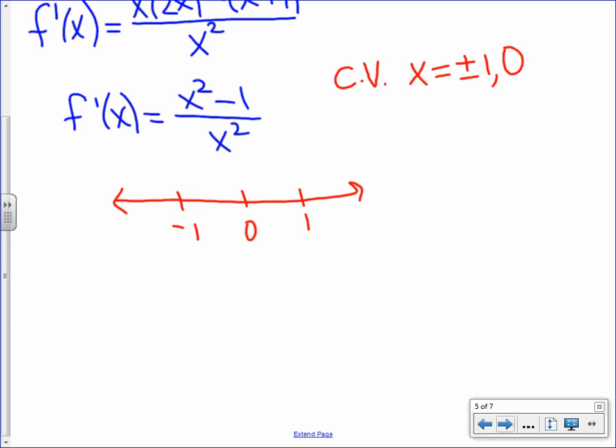So if we plug in -2, it would be 4 minus 1 over 4. That would be positive. Okay, how about -1/2?